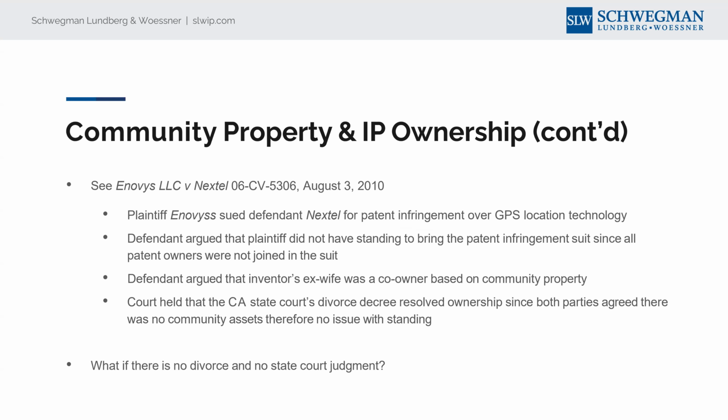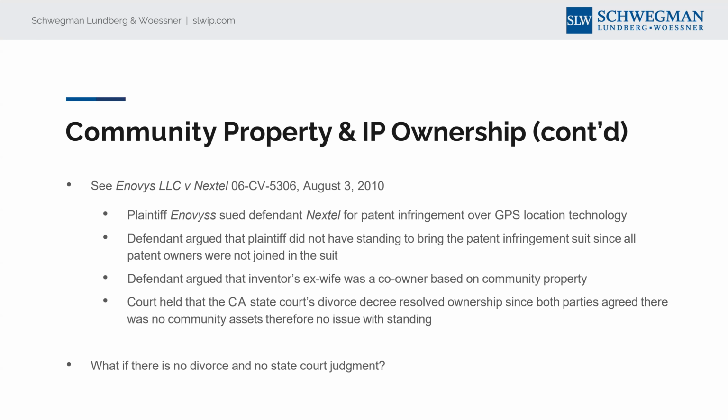Well, a little bit unresolved. There was one case that I found here where a person was sued and it was, I believe, not assigned, and it was argued that an inventor's ex-wife was a co-owner of the asset based on community property laws.